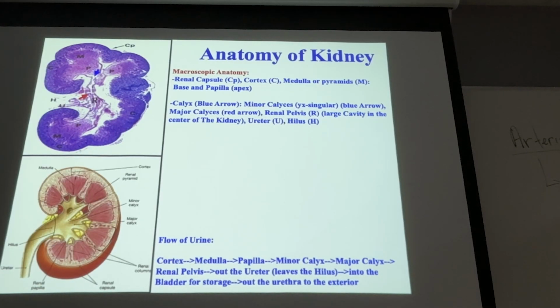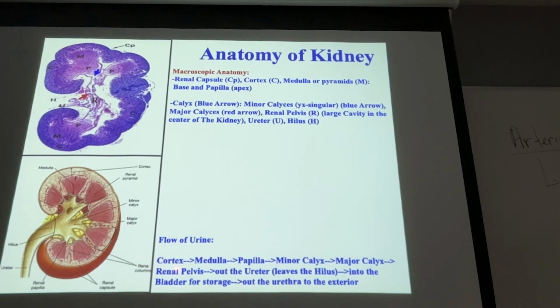I'm going to show you pictures of this. And that renal tubule is going to be folded up inside of the medulla and eventually will end at the papilla and drain into the minor calyces. And that will deliver what is called definitive urine, the real urine, to the calyces. And that urine will be collected by major calyces into the renal pelvis and then out to the bladder. So this is the flow.